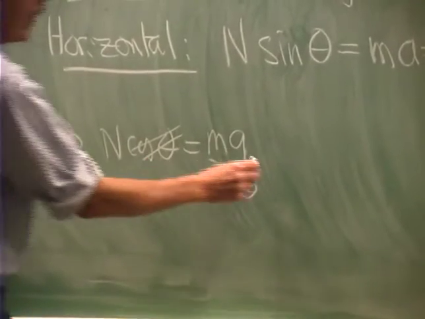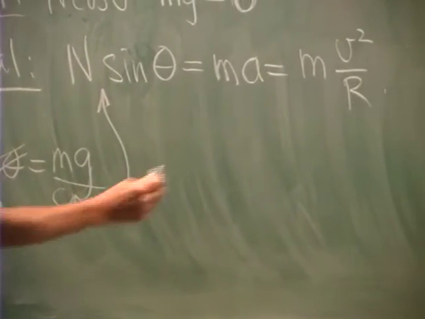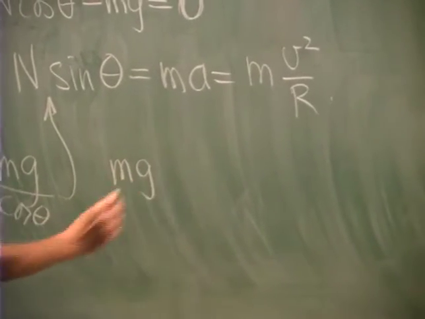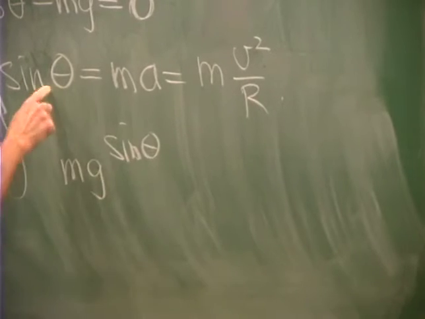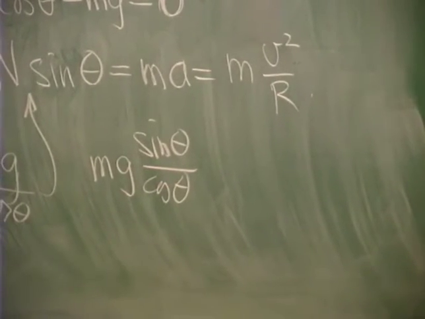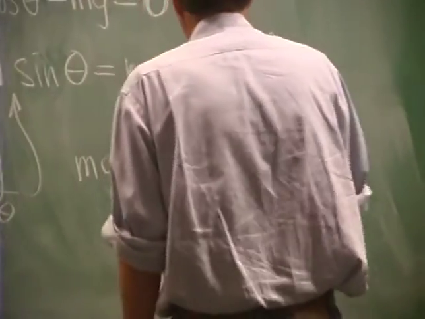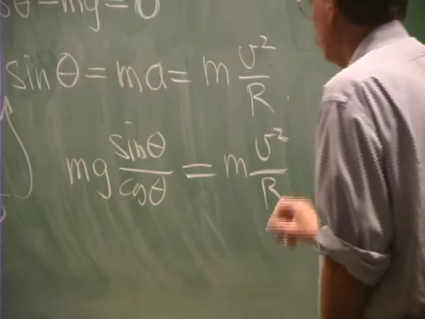Now let me stuff that into this equation here, and the N's will be out of sight. So I get mg times sine theta over cosine of theta, coming from N, is equal to m times v squared over r.